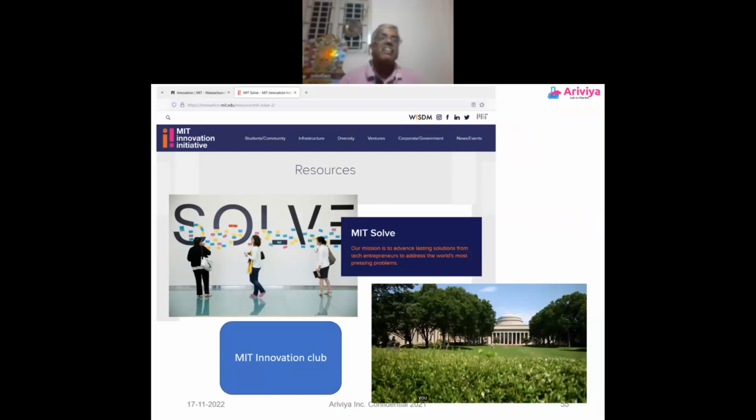Start some clubs in your colleges. A club like this was started at MIT. Whenever I want to see an example, I go to the MIT website and look at some of the sites: an environmental club, Innovation Club, Startup Club.